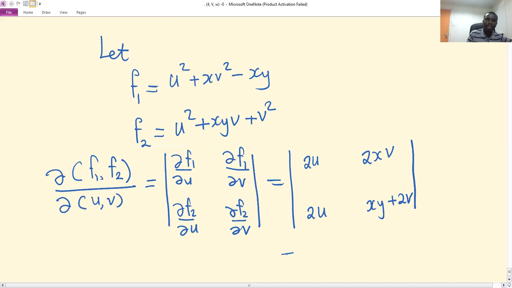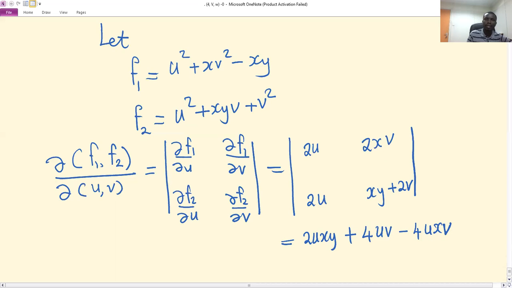And when we evaluate this determinant, you get 2uxy plus 4uv minus 4uxv. Expanding this, we get that value.